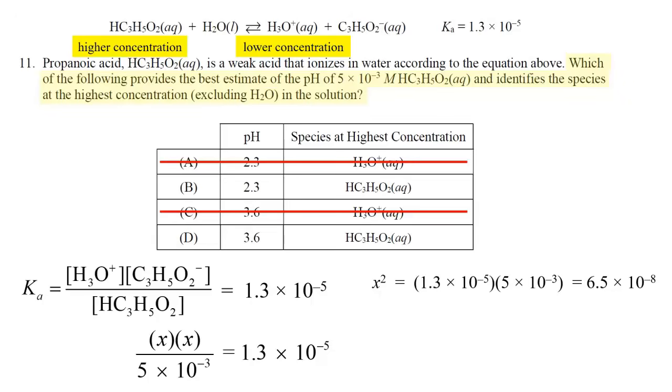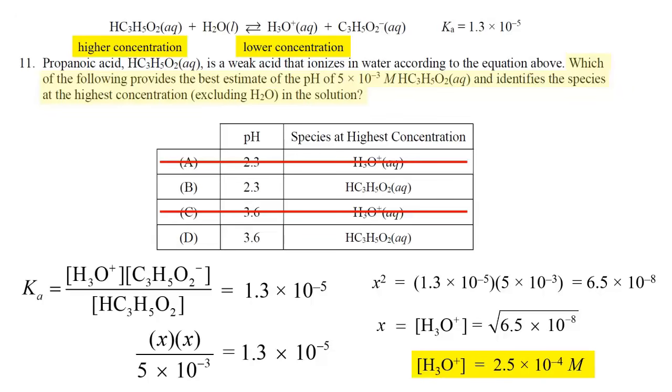So X squared is equal to 1.3 times 10 to the negative 5 times 5 times 10 to the negative 3. So X squared is equal to 6.5 times 10 to the negative 8. I'm now going to take the square root of that number, and the square root of 6.5 times 10 to the negative 8 represents the value of X as well as the concentration of the hydronium ion.